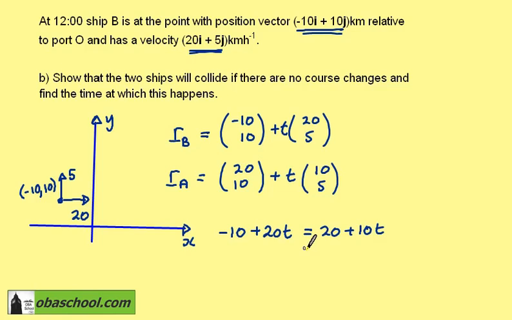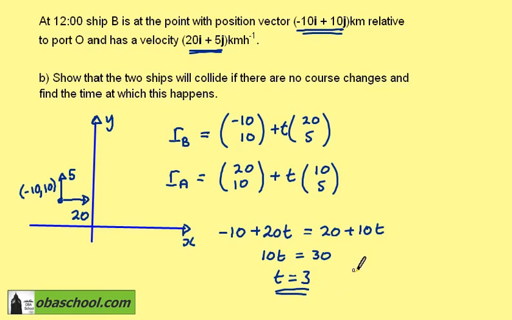We established that their j components were always the same, so if their i component is also the same, they must be at the same point. And this will happen if we can solve this equation. 10t is equal to 30, and therefore t is equal to 3.